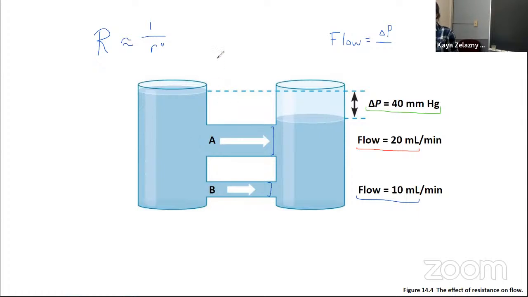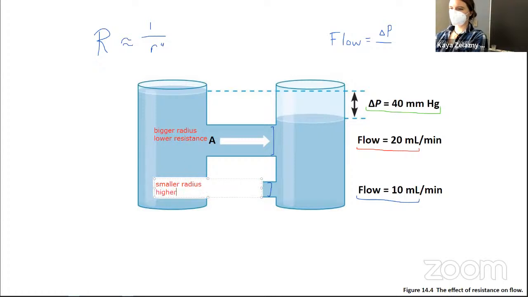So for A here, we have bigger radius, which means we have lower resistance. And here for B, we have smaller radius, higher resistance.